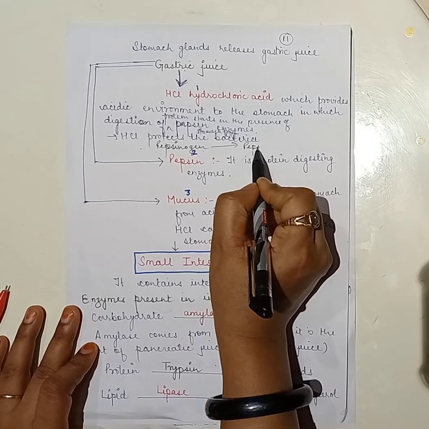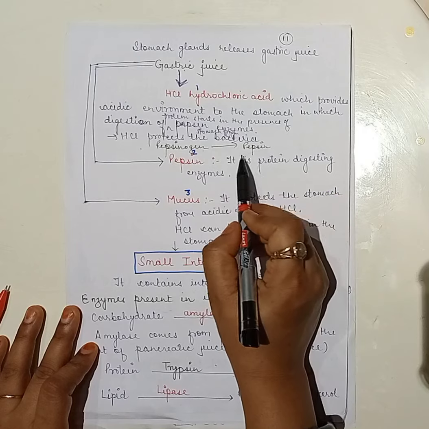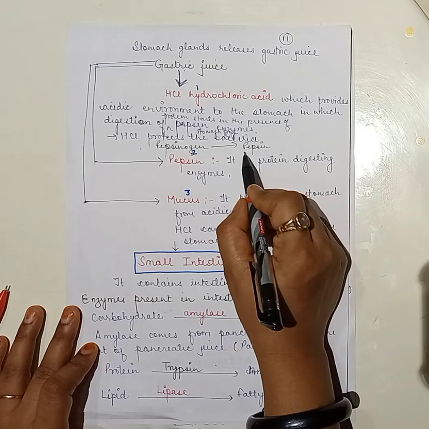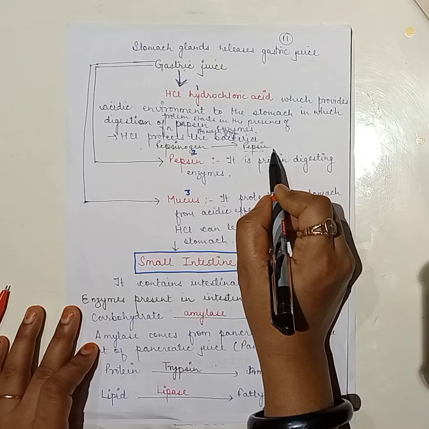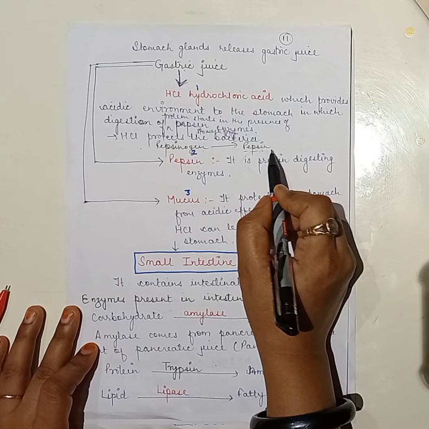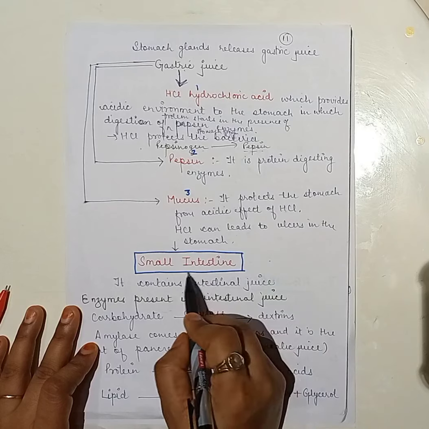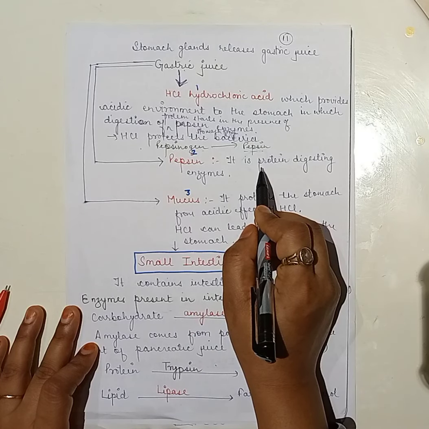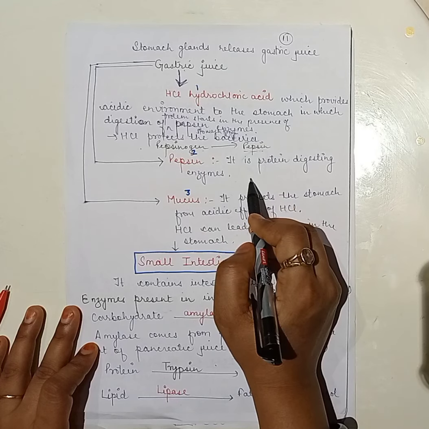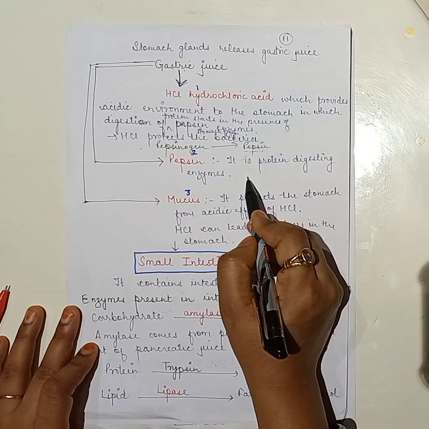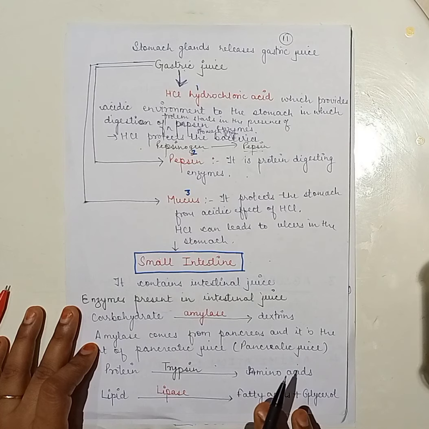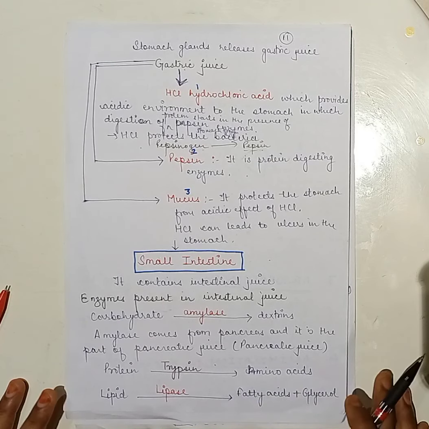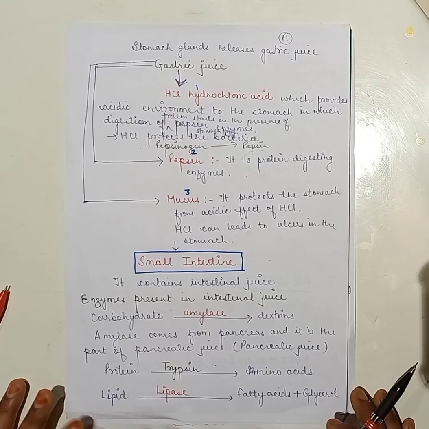So we can say only in an acidic environment does this pepsin become active. This pepsin will not be active in the mouth or in the small intestine, because it requires an acidic environment, which is only present in the stomach. This pepsin enzyme helps in breaking down protein into small units.